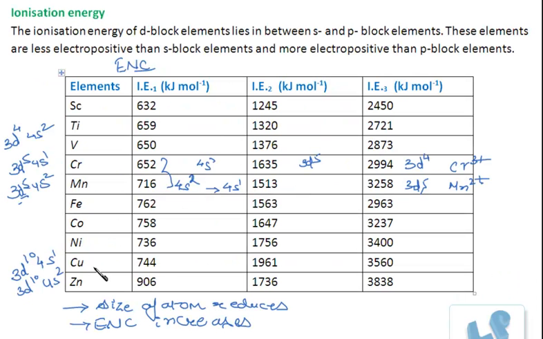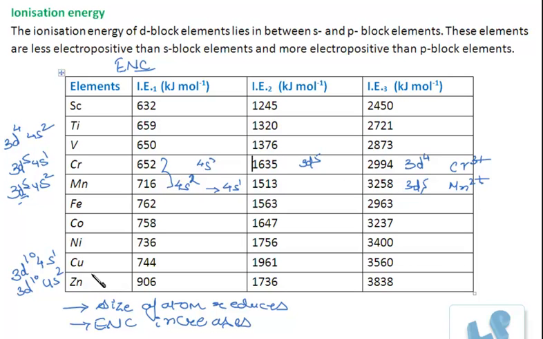Which state of manganese is more stable? The Mn2+ state is more stable, whereas Cr3+ is more stable because the d orbital attains 3 electrons, which is more stable. And also the third ionization energy is less in the case of chromium.